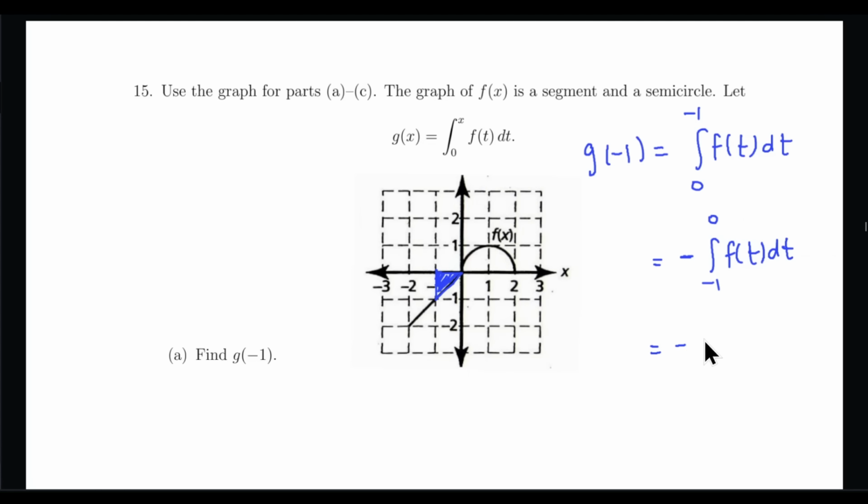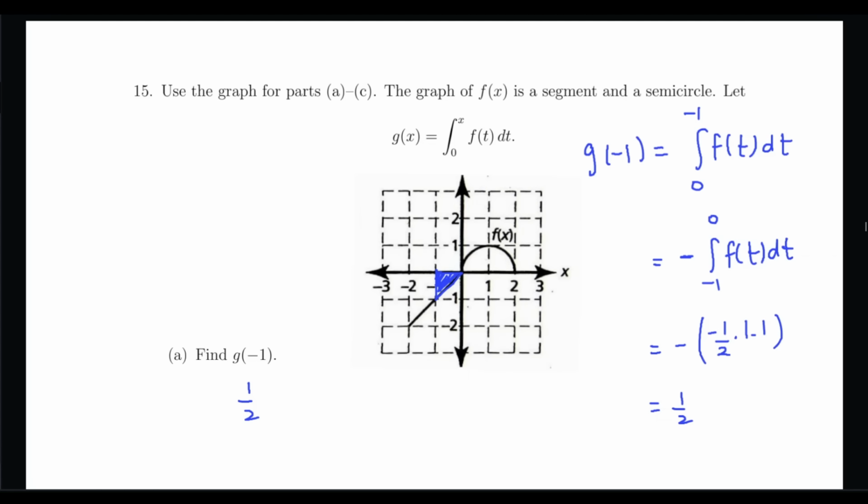So that's just negative remains as it is. And since this area is below the x-axis, another negative, half times base times height. So the answer is 1 over 2 and not -1 over 2. That's probably the only catch here that we have to take into account. So that should be our answer.